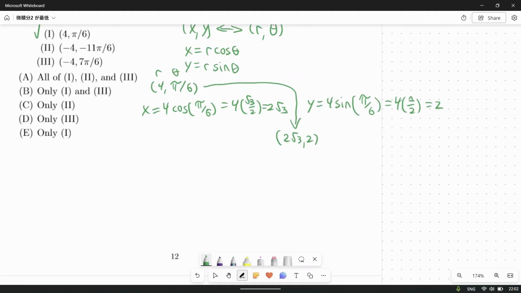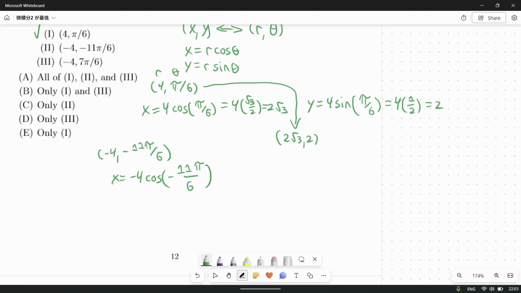And so moving on to the second point, we have -4 and -11 pi over 6. So plugging that into our formulas, you end up with x equal to -4 times cosine of -11 pi over 6. Since we're dealing with a negative theta value, that's going to be a counterclockwise rotation around the polar coordinate system.